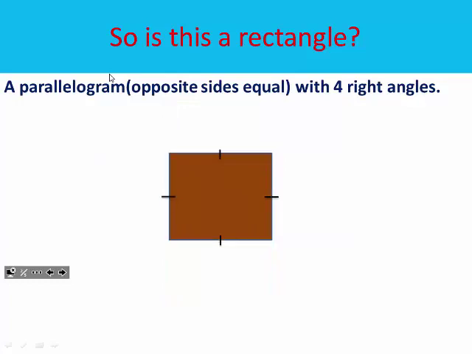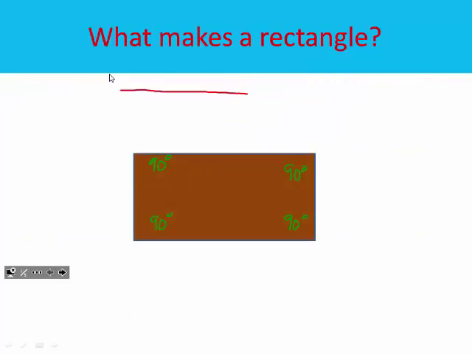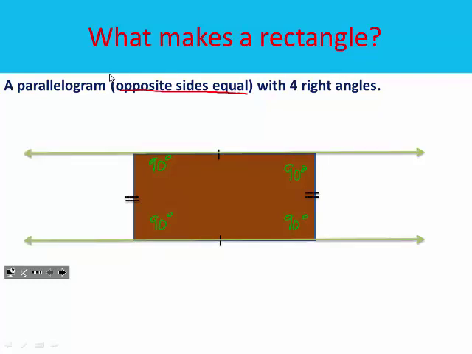Let's quickly look at everything we were talking about here. Here's our definition. What makes a rectangle a rectangle? Opposite sides are equal. Opposite sides are parallel. And 4 90-degree angles. Okay, life is good. That's a rectangle.